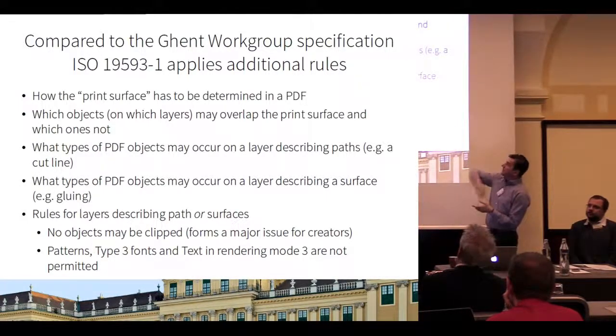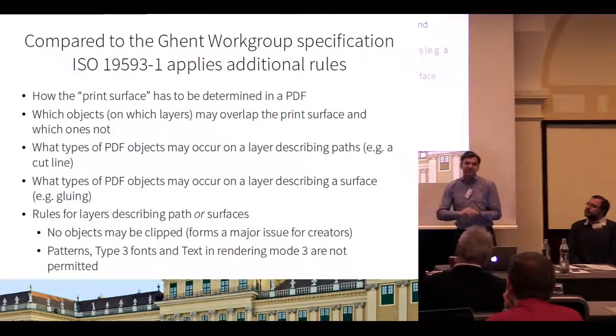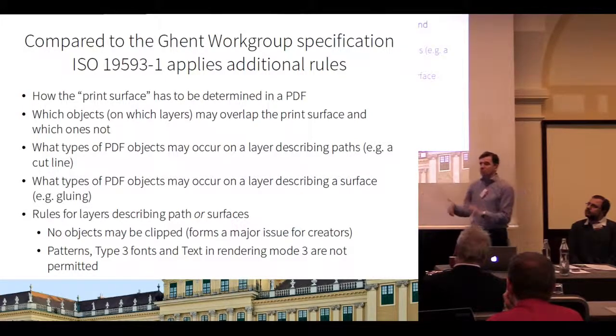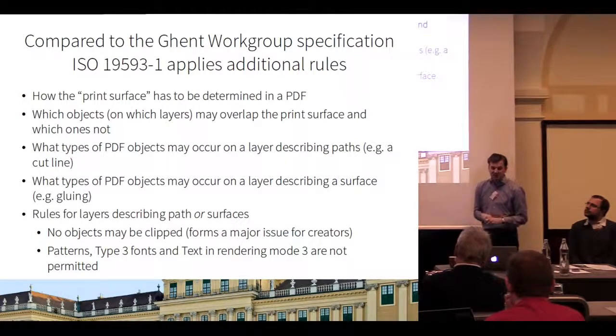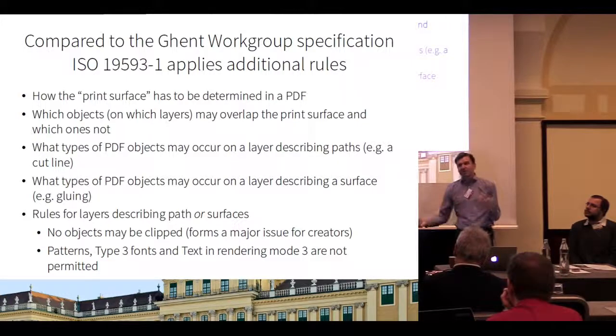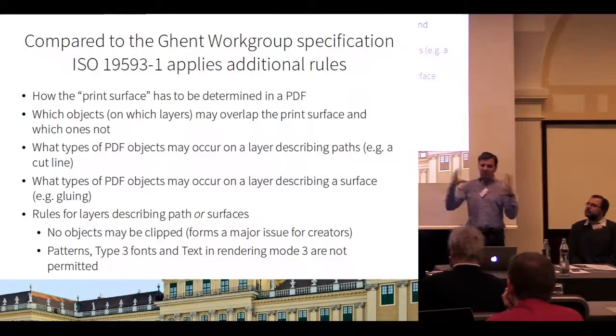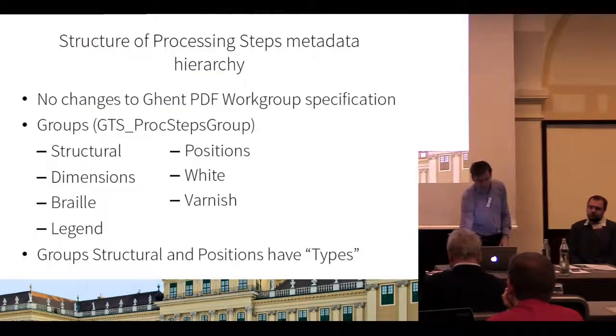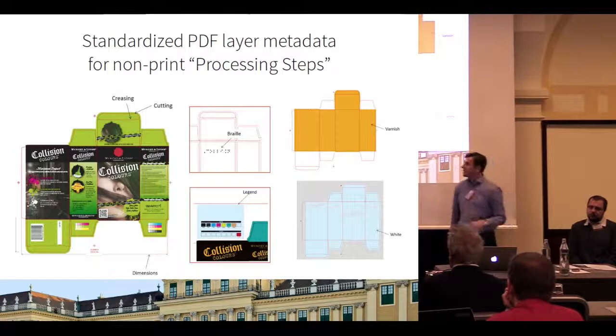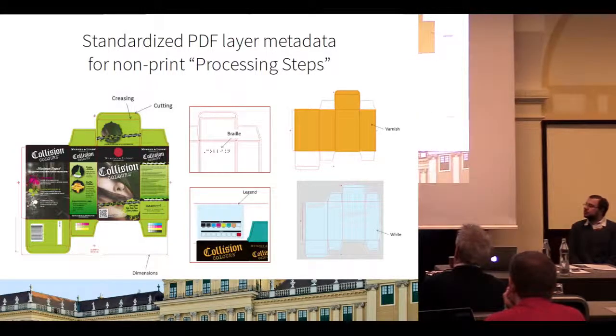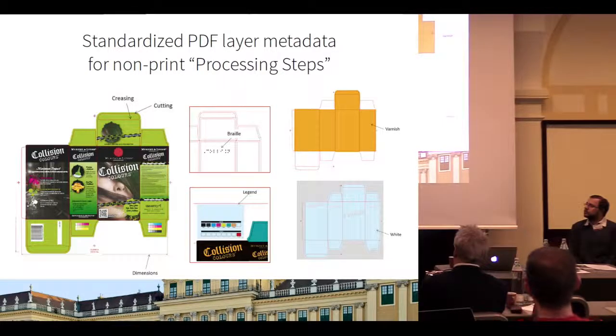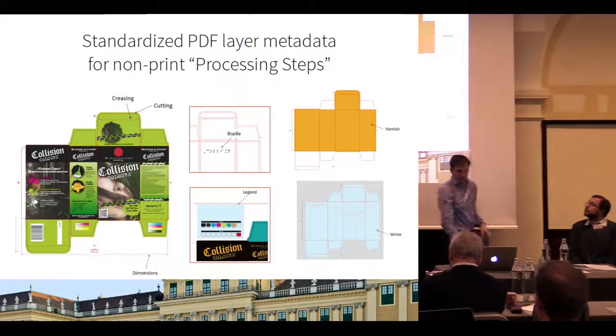In the Ghent Workgroup specification there is only a little bit of specification for that, and this is much more extensive in the ISO standard. In the ISO standard, there is a definition of what actually is a print surface, so which area of a PDF file is the actual print surface. We humans all understand this: it would pretty much be what is green here.